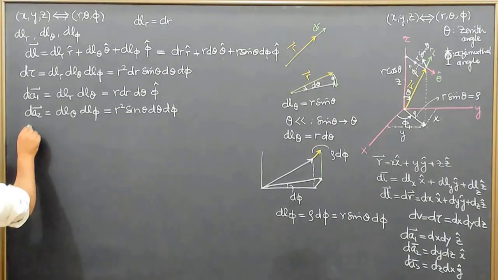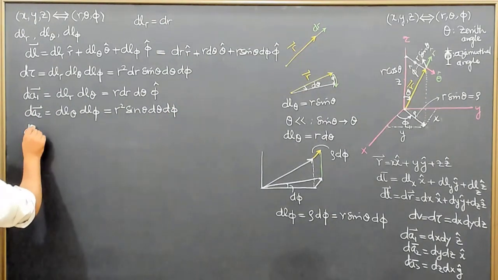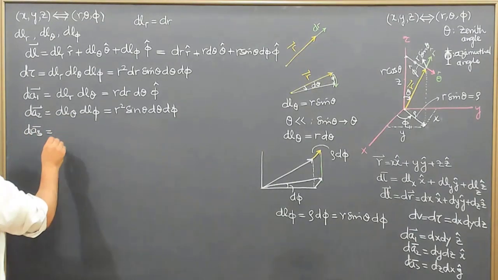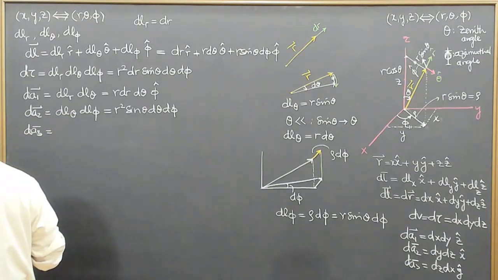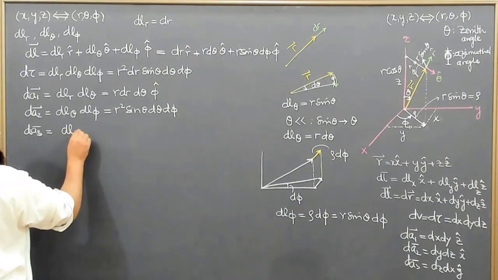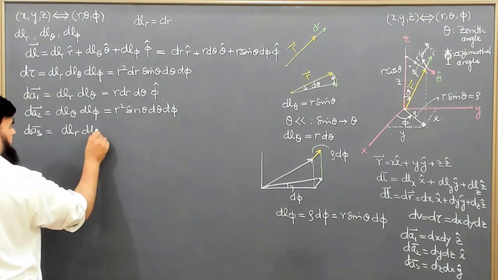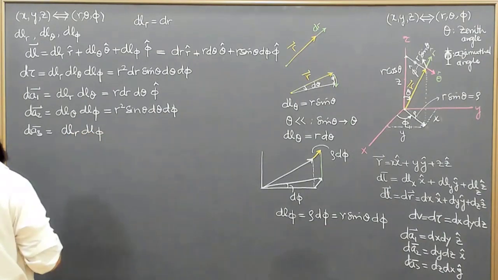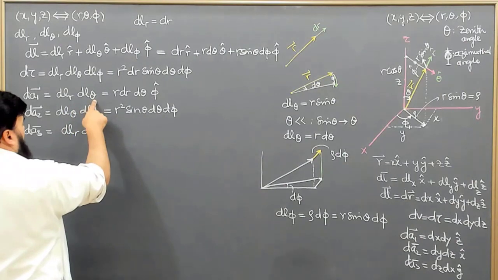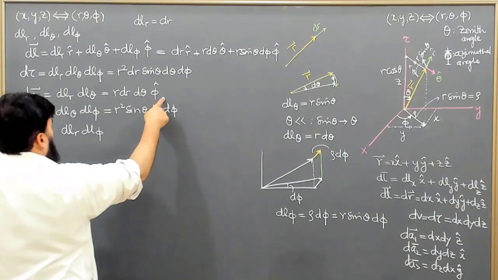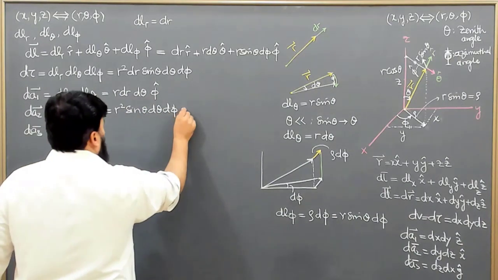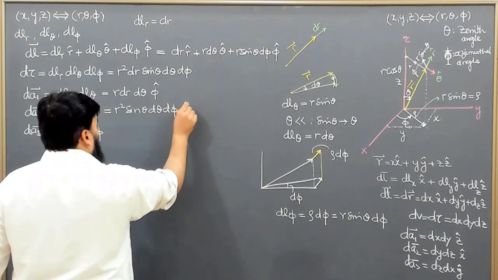Similarly, for area element 3, the other two components are being multiplied: dl_r and dl_phi. Keep in mind, if this is r and theta, it is in the phi unit vector. This is theta and phi, so this will be in the r unit vector.